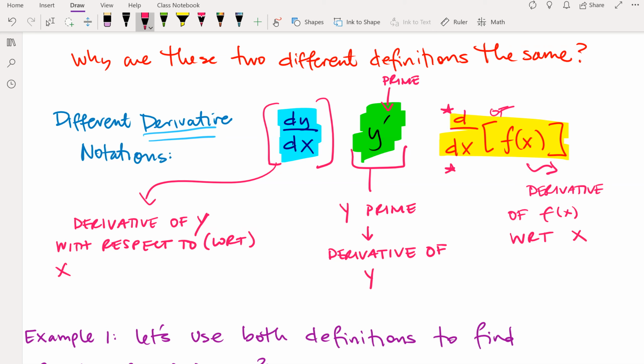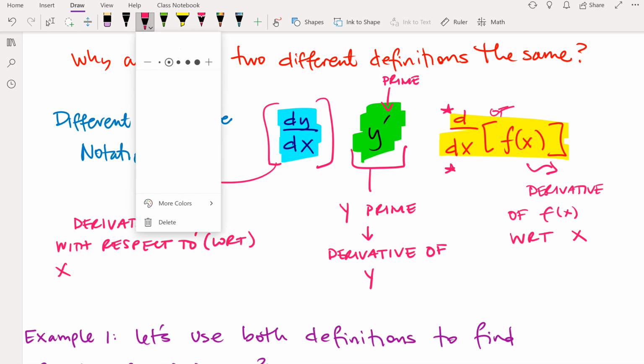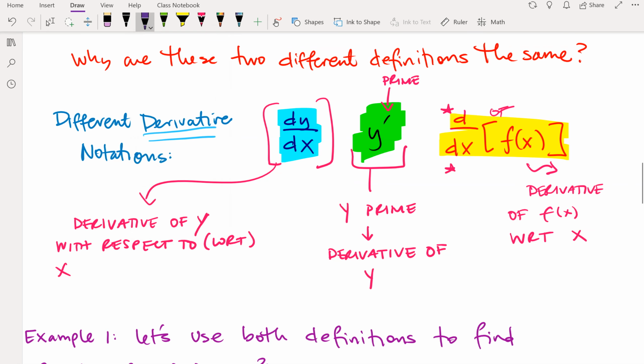Really quick, the with respect to comes from the denominator. Do you see how we have dx in the denominator? The with respect to is the d, and then x is in the denominator. So with respect to x, that's because we have dx in the denominator.